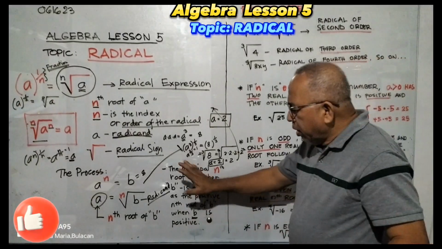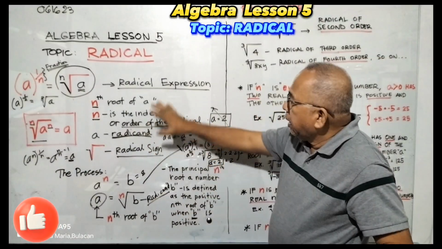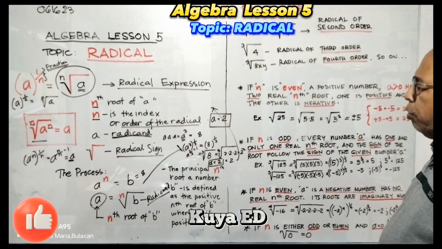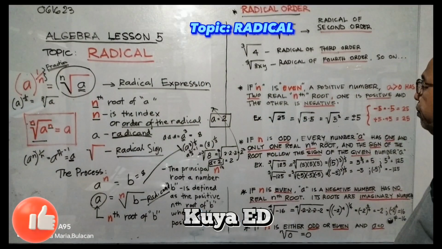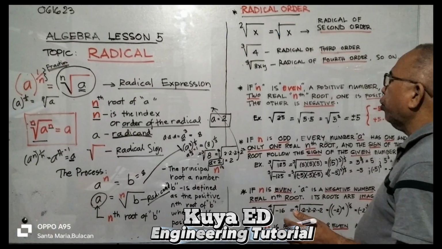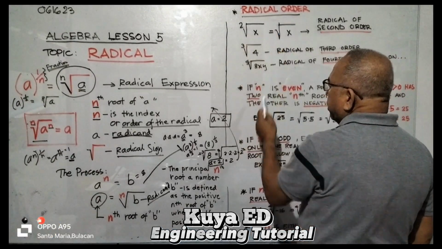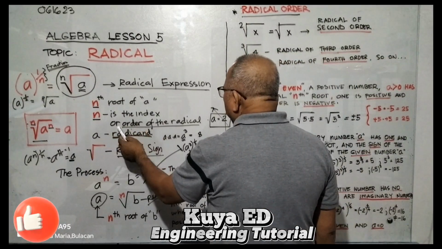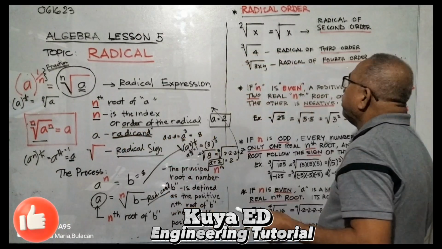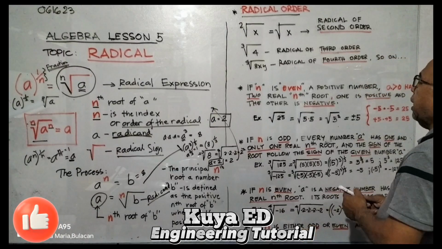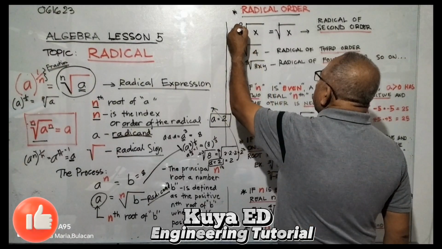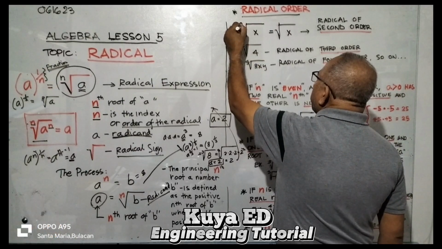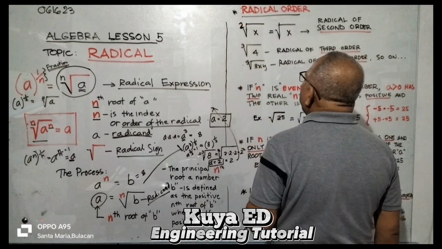Okay, mamaya ating makita what if mayroon tayong radicand na negative. Okay, so at least kahit paano makita na natin ang pinaka-proseso ng radical. Okay, we have the so-called radical order. So dito nakita natin N is the index or order of radical. So pag nakita natin na square root of x, actually 2 yan pag square root, 2.